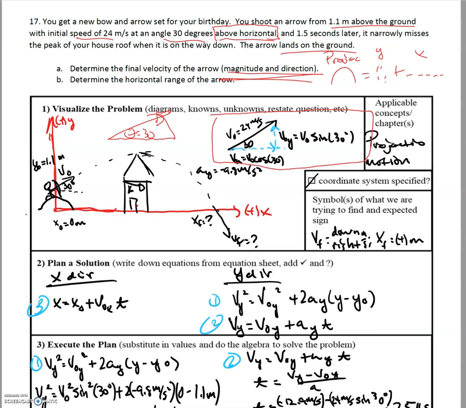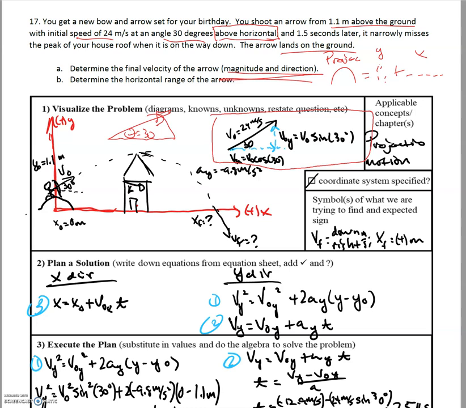Other than that, you just set up the problem like we normally do in free fall. Whether it's on its way up or it's on its way down, the acceleration in the y direction is constant, 9.8 meters per second squared, pointing downwards. Acceleration in the x direction is 0 for projectile motion always.